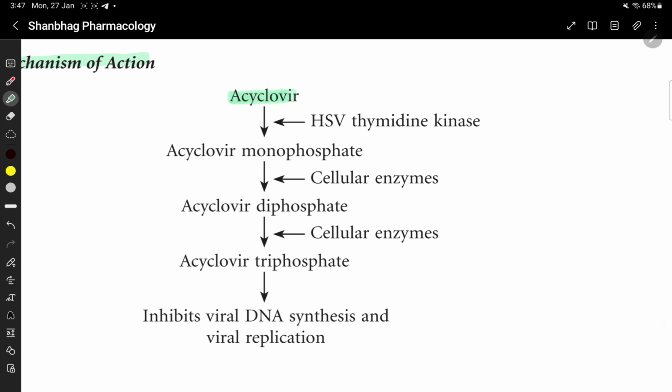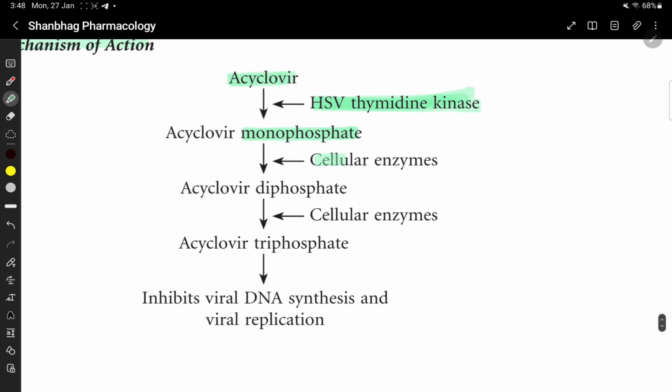Acyclovir is converted to acyclovir monophosphate by HSV thymidine kinase.